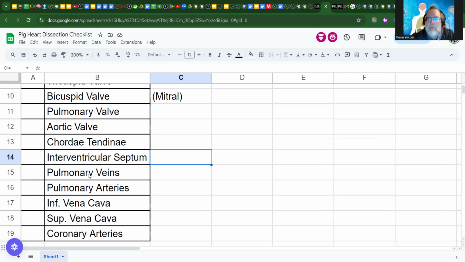We have three types of vessels: arteries, capillaries, and veins. However you want to remember them, just know you have three different blood vessels.